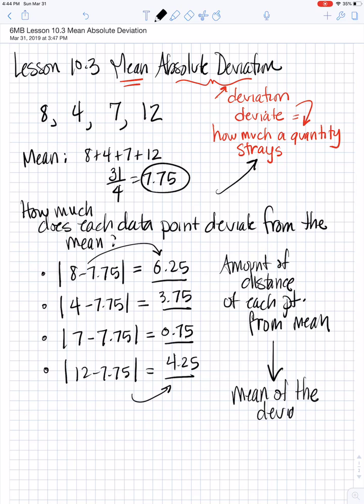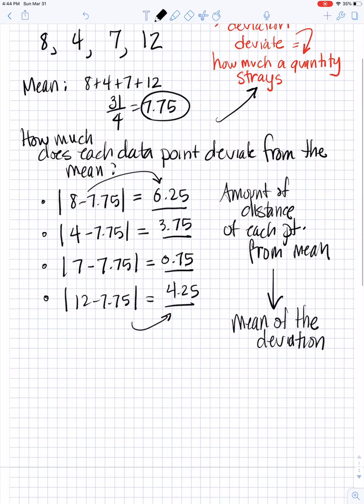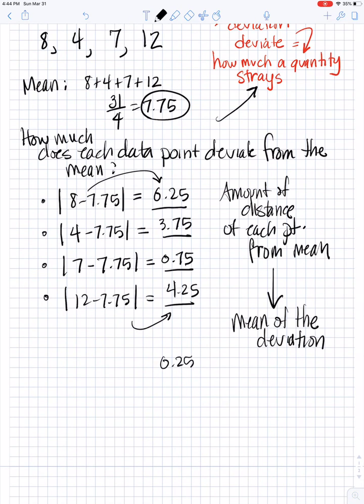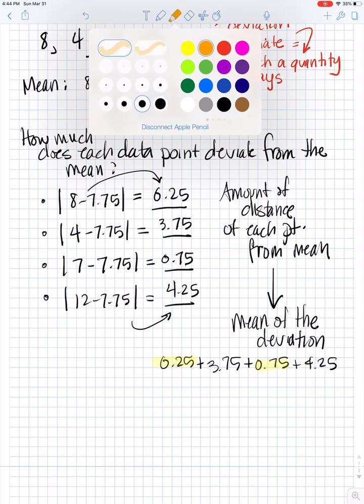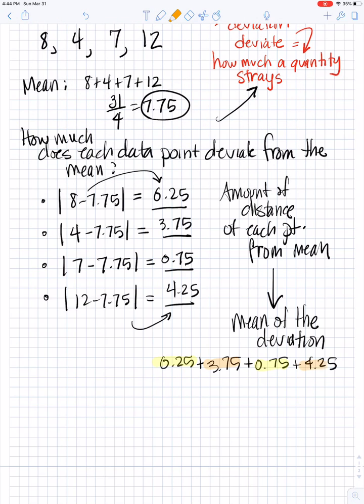Well, okay, that's easy enough. We just have to add them up and divide by how many? So we have 0.25 plus 3.75 plus 0.75 plus 4.25. Man, these numbers are actually easy for us to group, right? If you think about that, I hope you're seeing this right now. If I put these guys together, well, that's equal to 1. And then if I think about this differently, I can put these guys together.